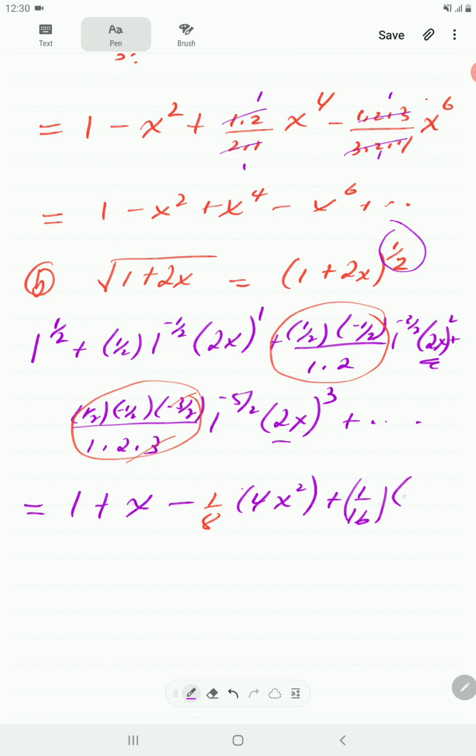This term is going to give us 8x cubed. Then, final step, we're going to have 1 plus x minus x squared over 2 plus x cubed over 2. So that's going to be the first 4 terms for this expression.